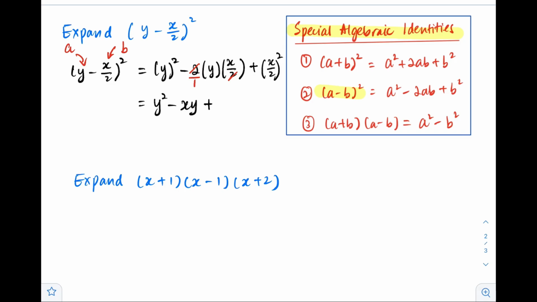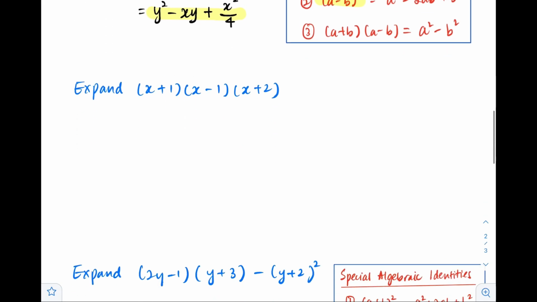We simply square the numerator, which is x squared, and square the denominator, which gives 4. So our final answer is y squared minus xy plus x squared over 4. Since there are no like terms, we cannot simplify any further.